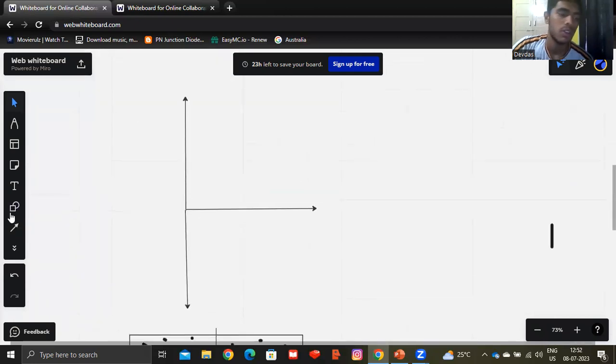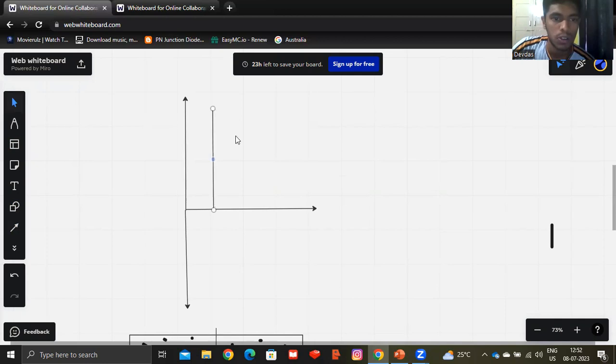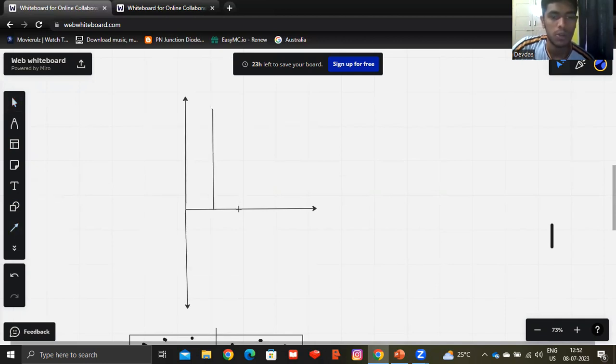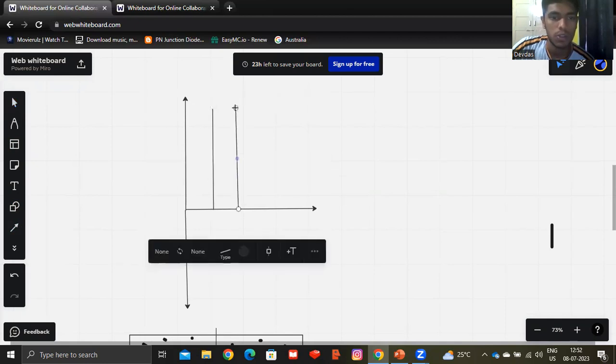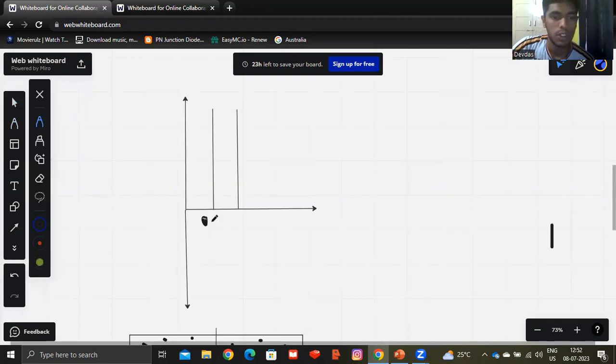And we'll try to see, if silicon and germanium diodes were ideal, how would their characteristics be? So this is 0.3 volts and this is 0.7 volts.